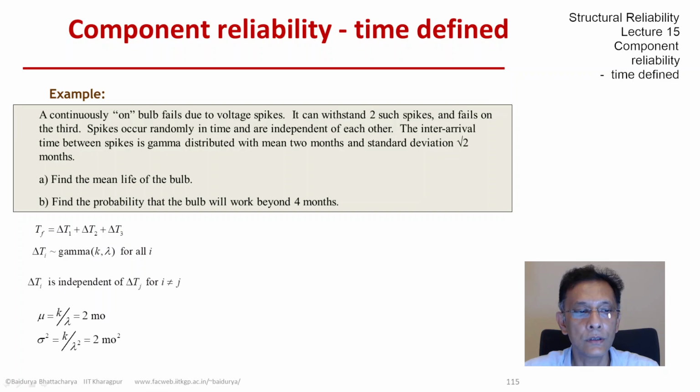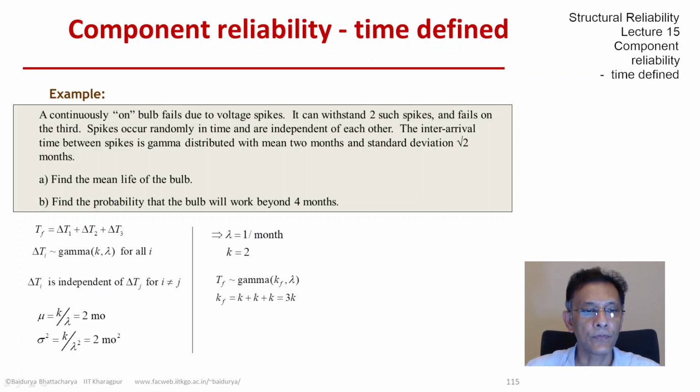This lets us find the values of k and lambda, and we can derive that lambda is 1 per month and k is equal to 2. So that's how I am able to fully define each of these interarrival times, delta T, with k equals 2 and lambda equals 1 per month, and they are mutually independent gamma random variables.